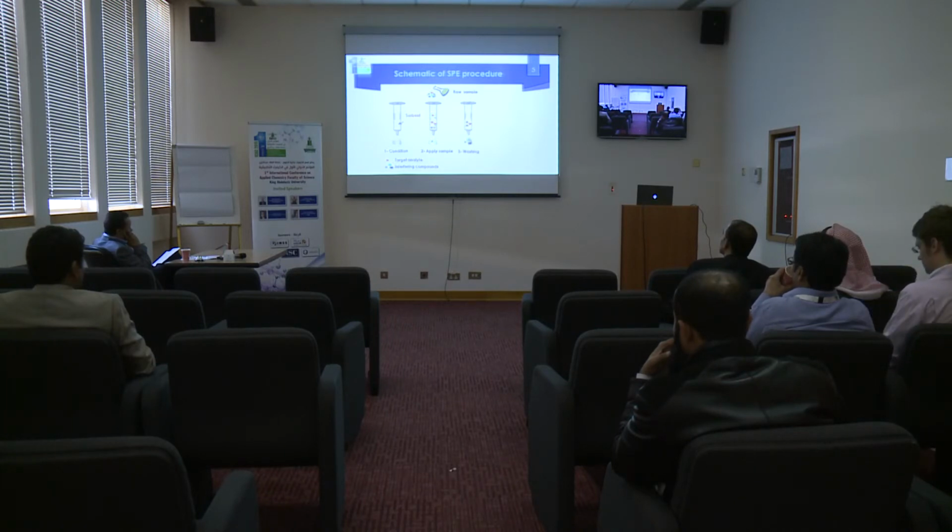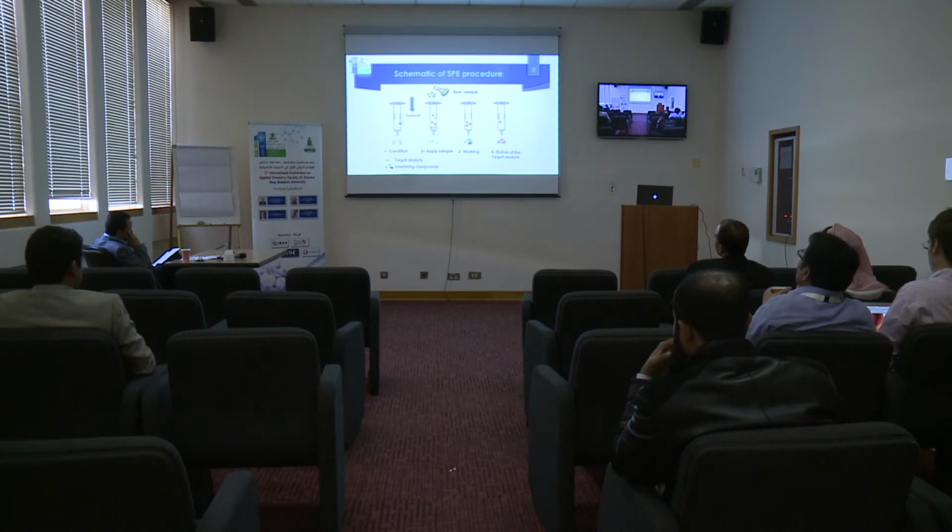Then we need to wash the sorbent in order to remove interfering materials without affecting the analyte of interest. Finally, the elution step. We need to elute the analyte of interest in order to study it. My work just concentrates on fabrication of the sorbent.